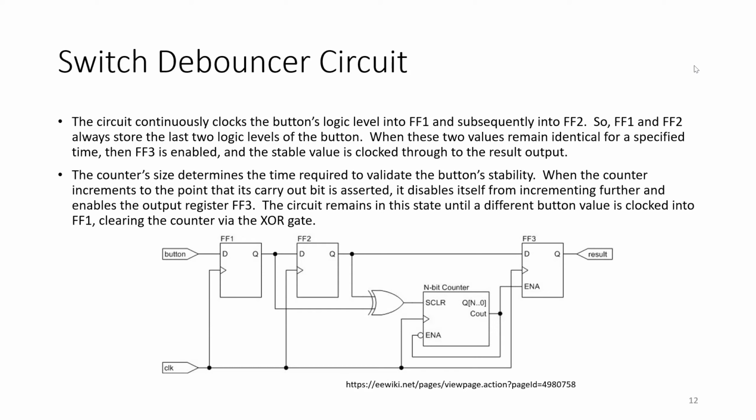Okay. Let me ask about this XOR. What does it do? It's comparing the outputs of your DFF1 and DFF2, so it will only go high if they are different. And if they are high, what will happen to the counter? The counter will clear. Will clear, so the output here will be 0.